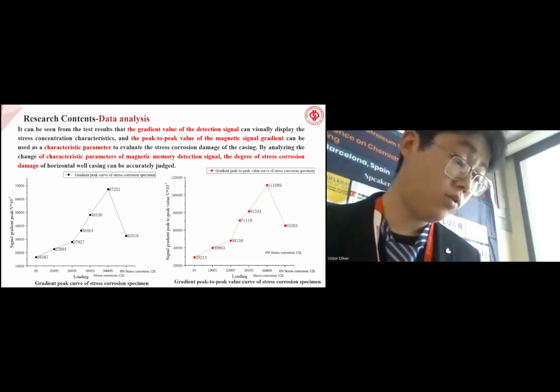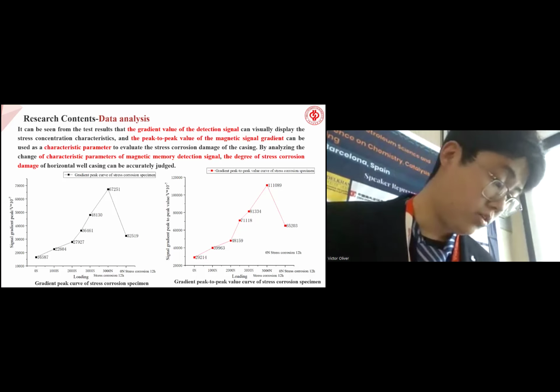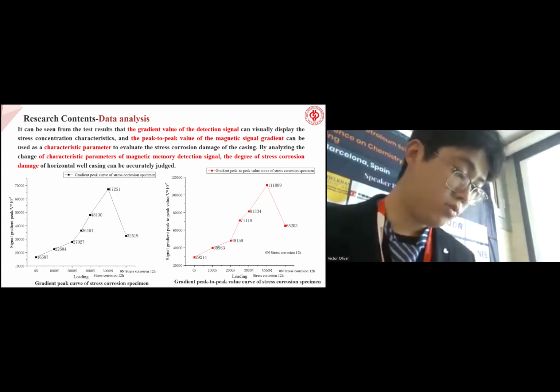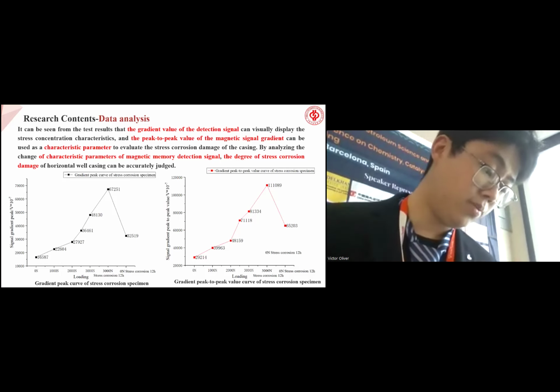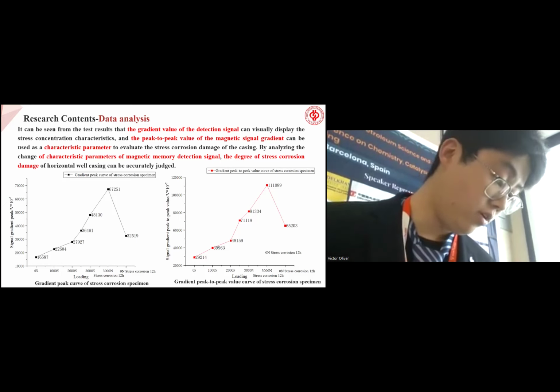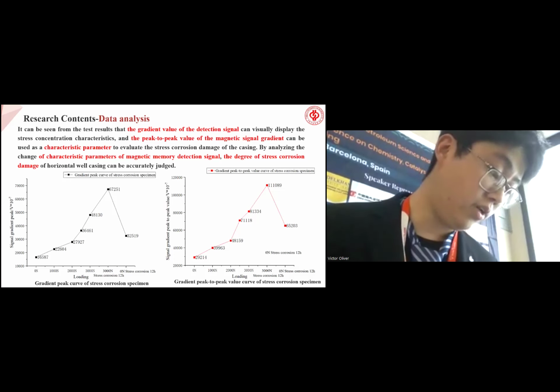As the loading load continues to increase, the magnetic field strength, the peak value and the peak-to-peak value of the magnetic field increased approximately linearly with the increase of the loading load.